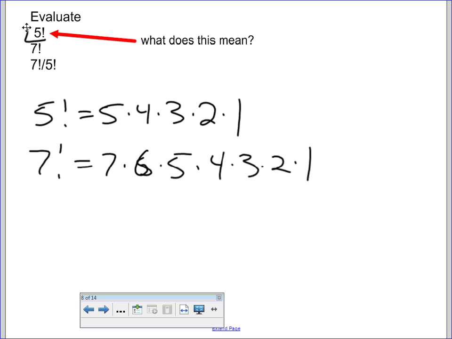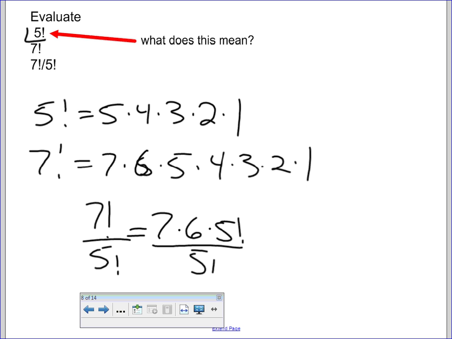And if you've taken any upper level math classes, you'll get this trick where 7 factorial over 5 factorial is 7 times 6 times 5 factorial over 5 factorial. Because after the 6, we just go down from 5, but that's what 5 factorial is. So you can do those by hand without having to multiply them all the way out. Factorials, those numbers get big in a hurry.